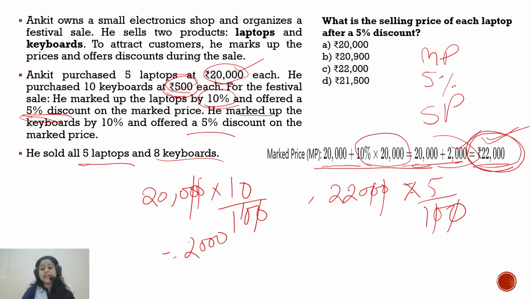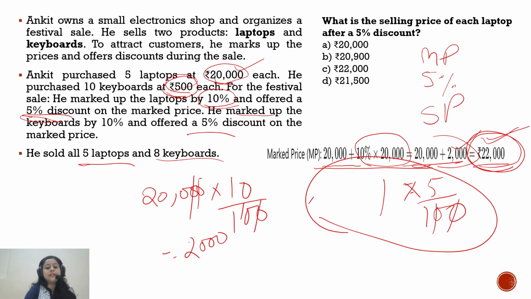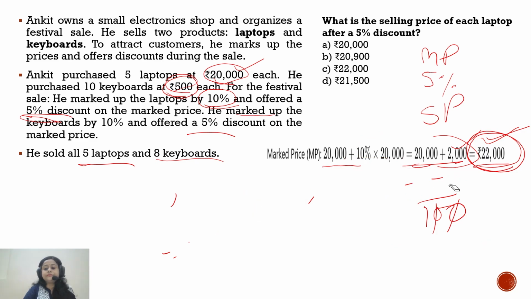In this case, over 22,000, you have to provide a 5% discount. This is the way of calculating it, right? So how much discount is he then providing over and above the marked price? Let us see.